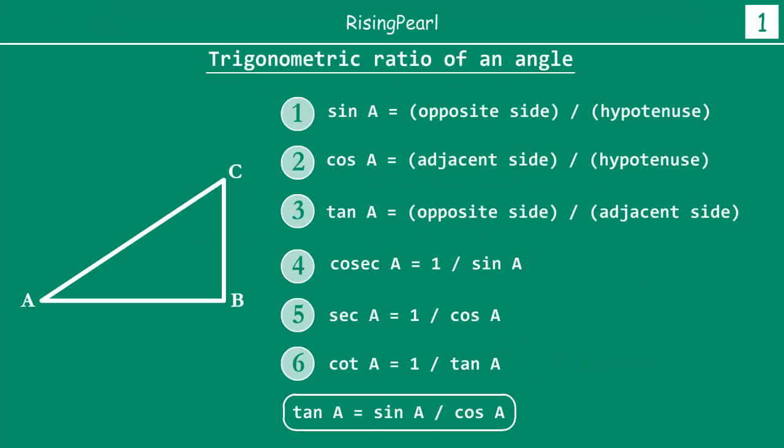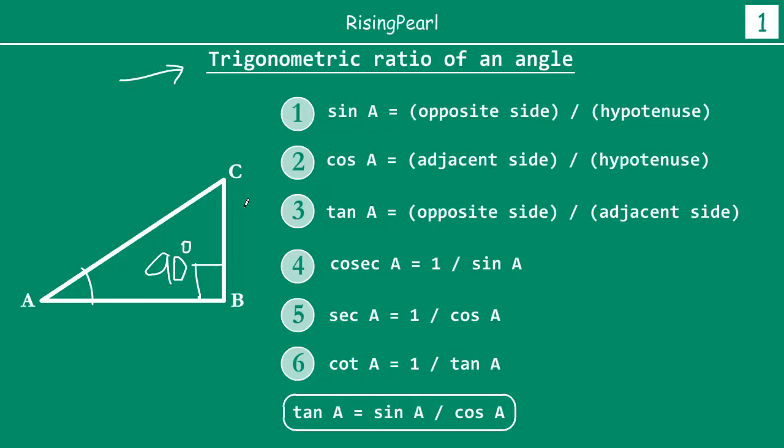Before that, I want to take a moment to refresh what is meant by trigonometric ratio of an angle. As we saw in webisode number 3, where we learned about these trigonometric ratios, I have drawn a triangle ABC and I have arbitrarily assumed angle B to be 90 degrees. So for one of the acute angles, angle A, I have expressed all the trigonometric ratios.